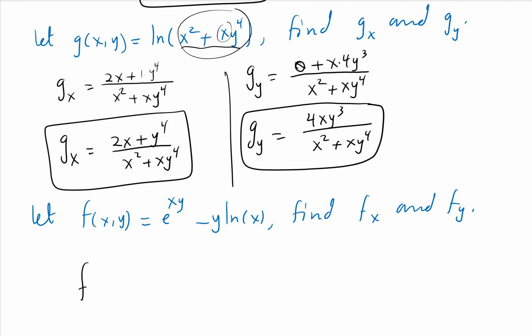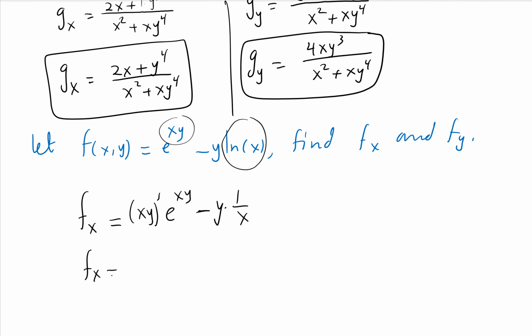f_x, you find the derivative of this with respect to x. What's the derivative of the first one? If you remember, e to the u, it's the derivative of this times itself minus, remember we're doing with x, so y stays the same. The derivative of this is 1 over x.